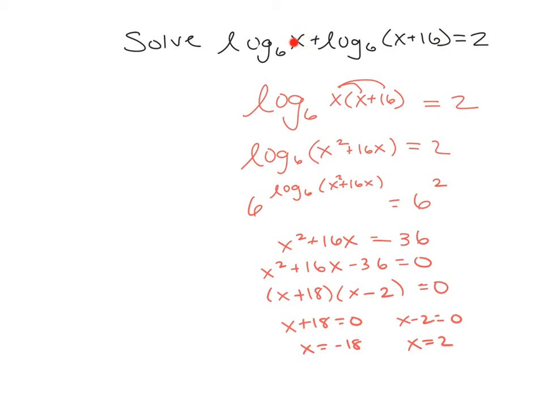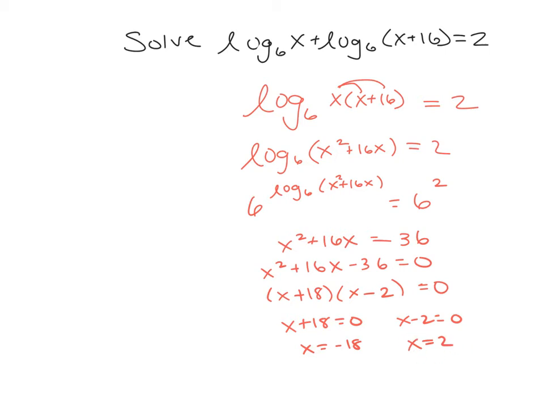We know that the argument of a log has to be greater than 0. Logs are only defined for values where the argument is positive. So I have to take both of my solutions and double check that when plugged in here or here, they don't create a negative argument.